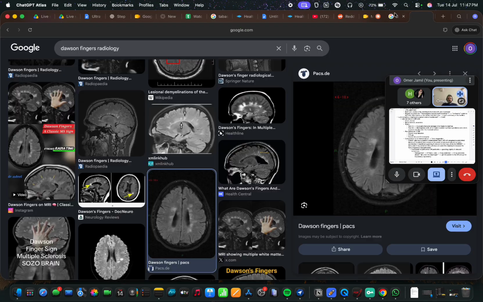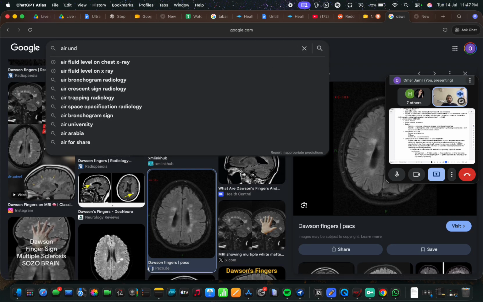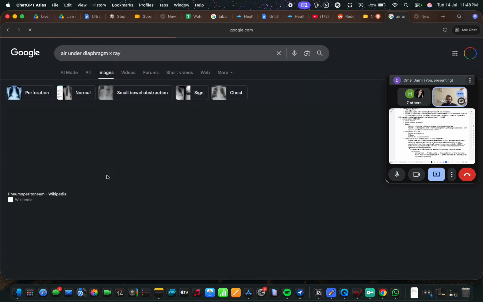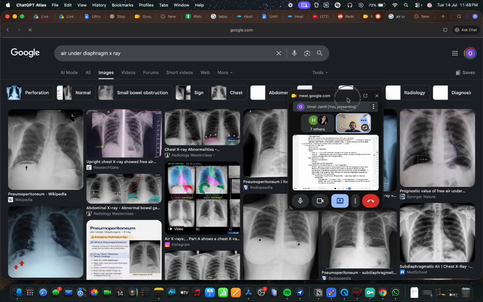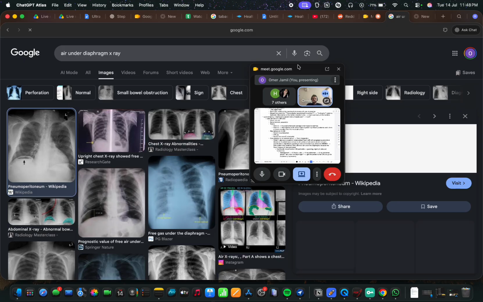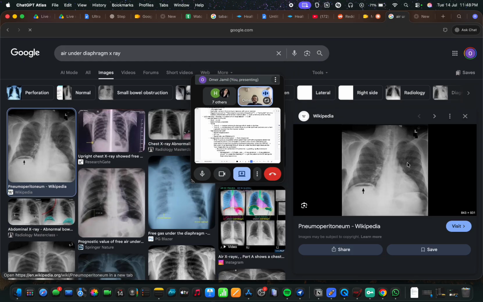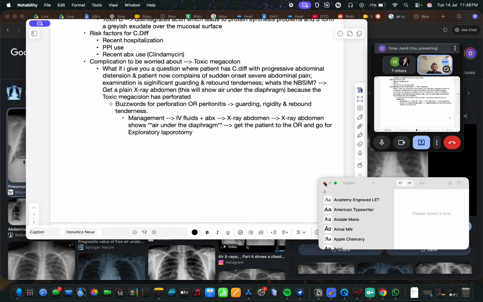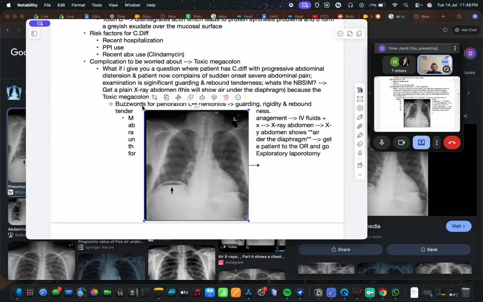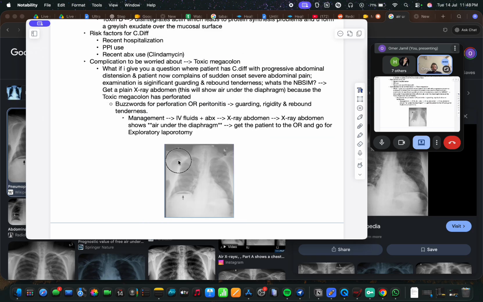Okay, let me show you a picture of air under the diaphragm. Some people refer to it as a crescent sign because it looks just like a crescent. This is what we call air under the diaphragm.